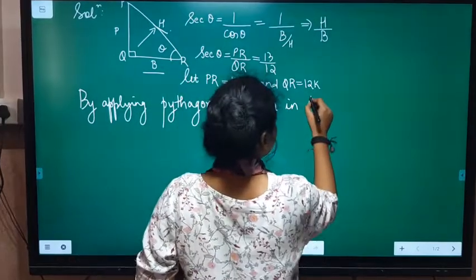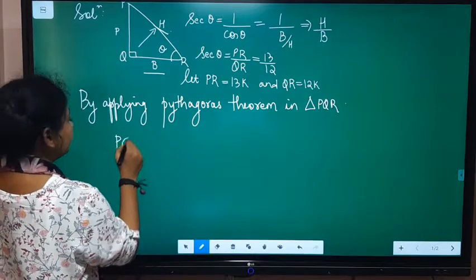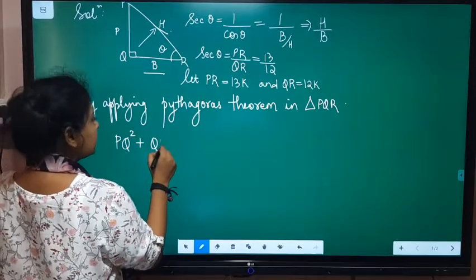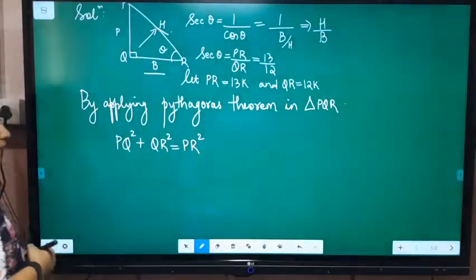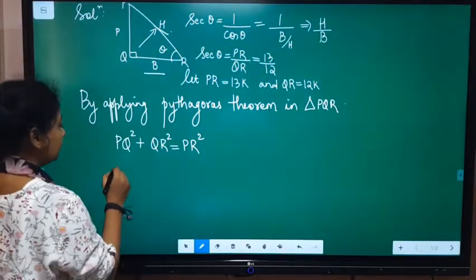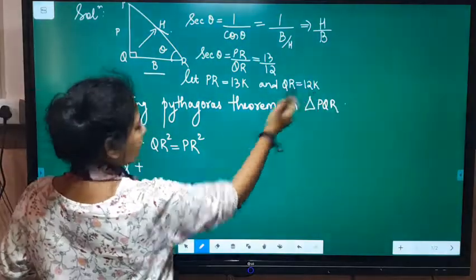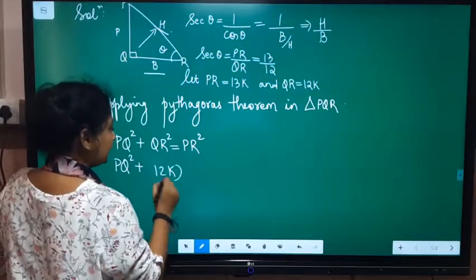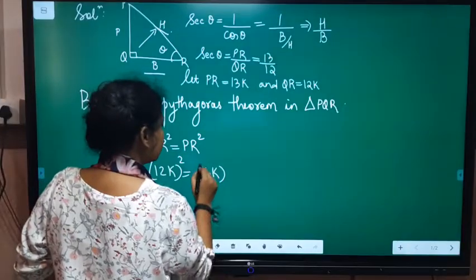in triangle PQR, we have PQ square plus QR square equals PR square. We don't know the value of PQ, so let it just be. In place of QR we can write 12K square and in place of PR we can write 13K square.